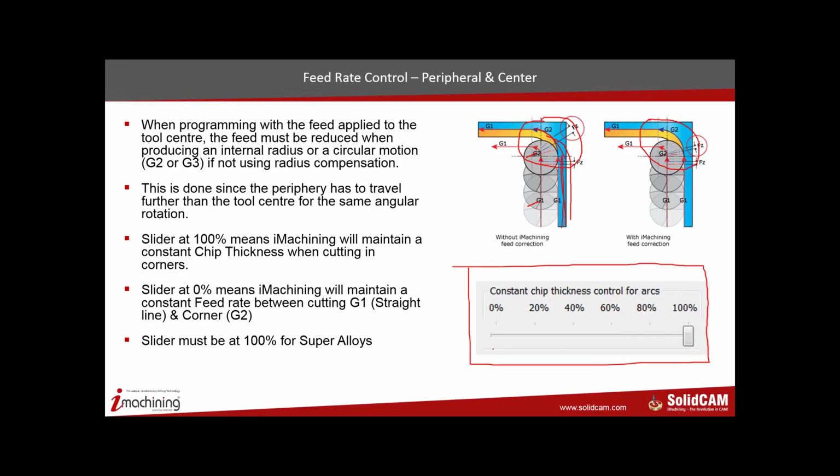But if I move the slider back to 0%, it means that iMachining will now try and maintain a constant feed rate for the center of the arc. There is an advantage, there is a disadvantage.